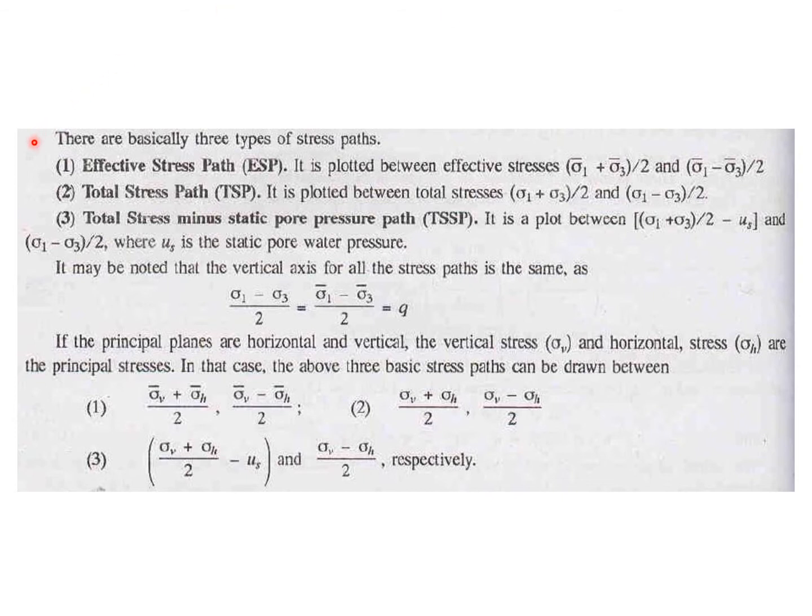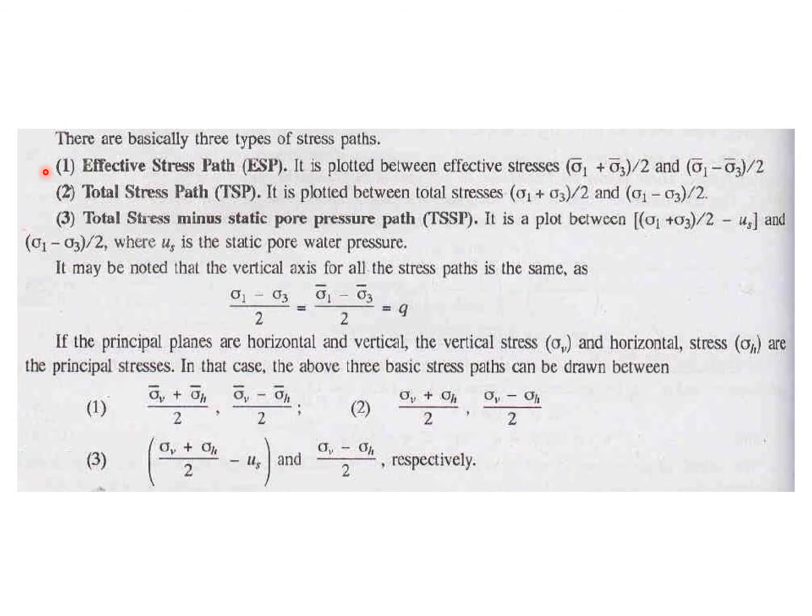There are basically three types of stress paths. Number one, effective stress path, ESP. Number two, total stress path, TSP. And number three, total stress minus static core pressure path, TSSP. So first look at the effective stress path, ESP.